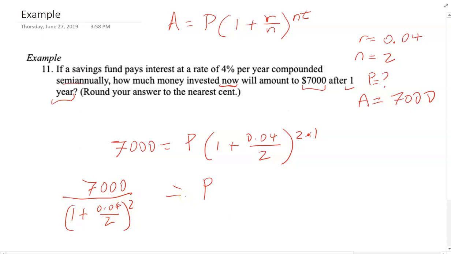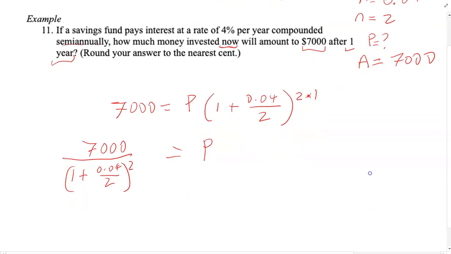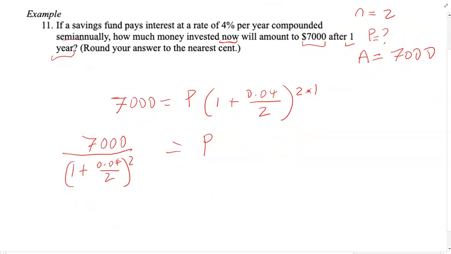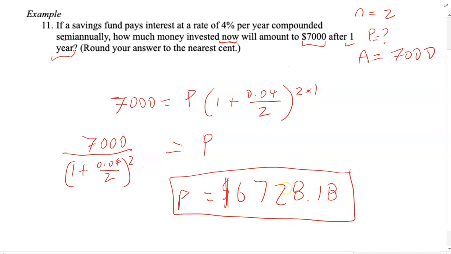And we can plug that into our calculator, and we should get that P is equal to 6728.18, if we round to the nearest cent, and that is our answer, for we are finding the initial amount to deposit today.